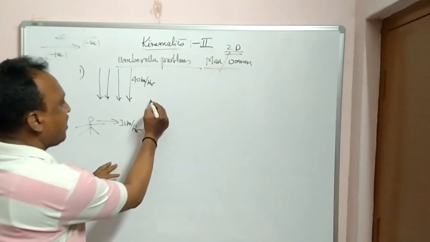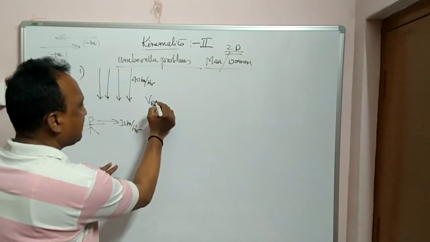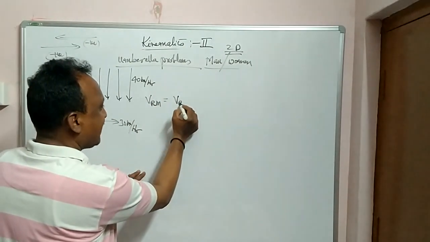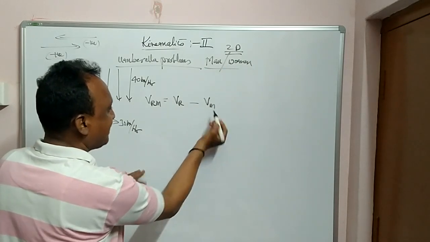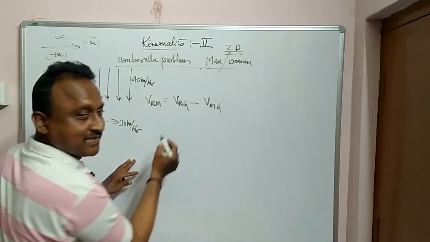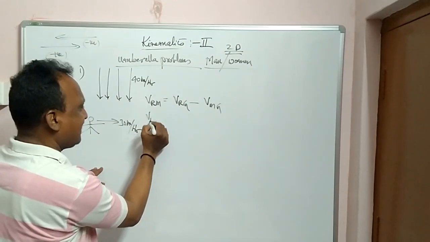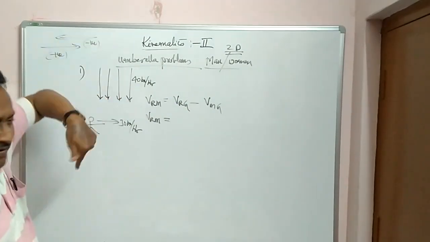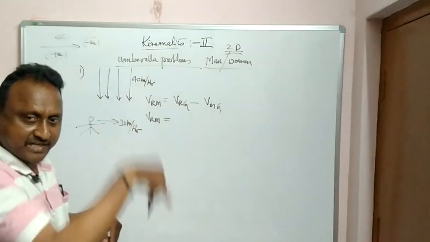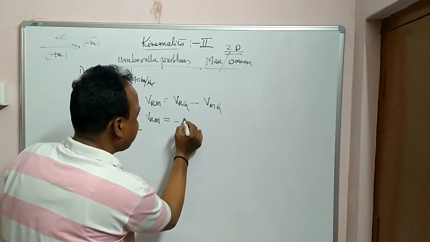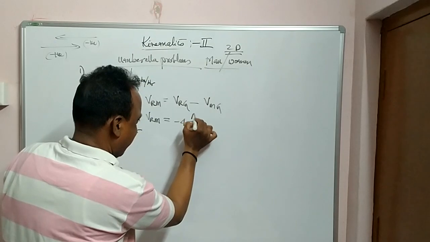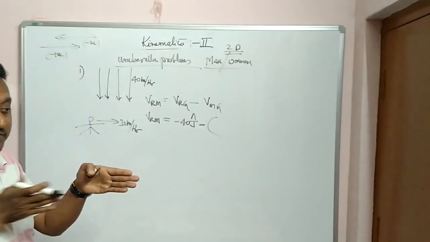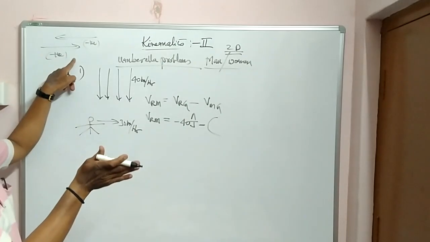See, the formula is the same. Velocity of the rain with respect to man is equal to velocity of the rain minus velocity of the man, both with respect to the ground. The rain falls vertically downward, that means negative y axis, so minus 40 j cap, minus the velocity of the man with respect to the ground. He is moving in this direction, which I said to take as positive.